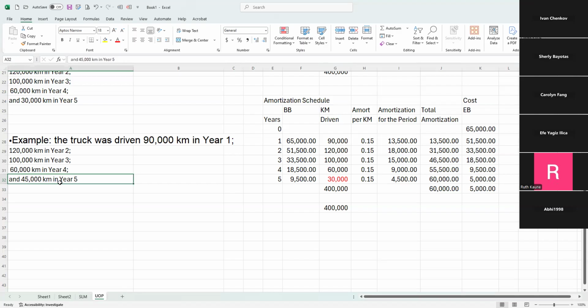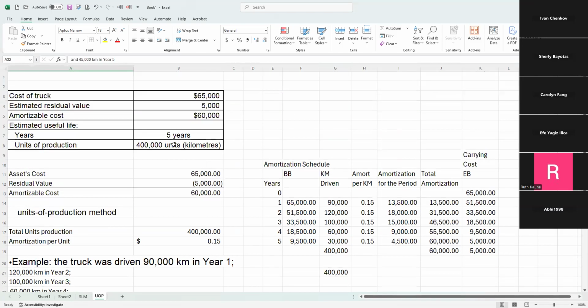Again, when you have units of production, double check. Calculate the numbers. See if those numbers add up to the number which is given in the question for the total units produced or kilometers driven.